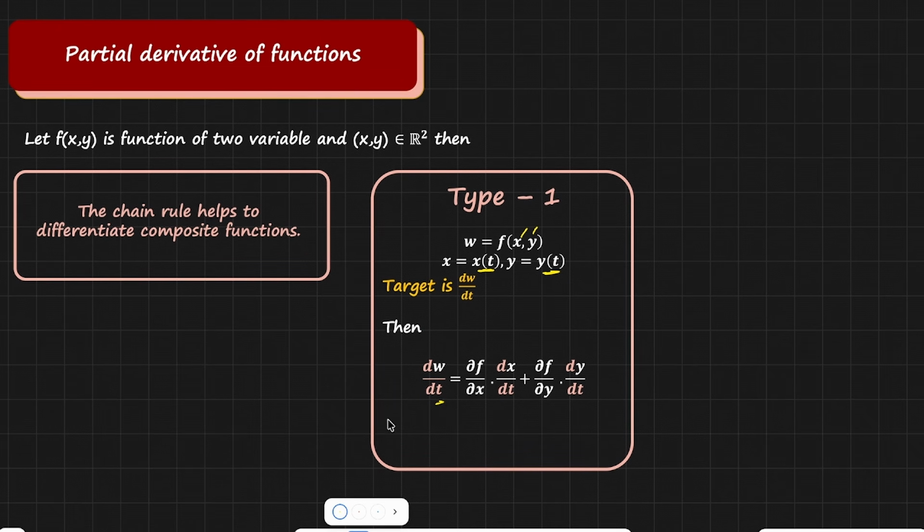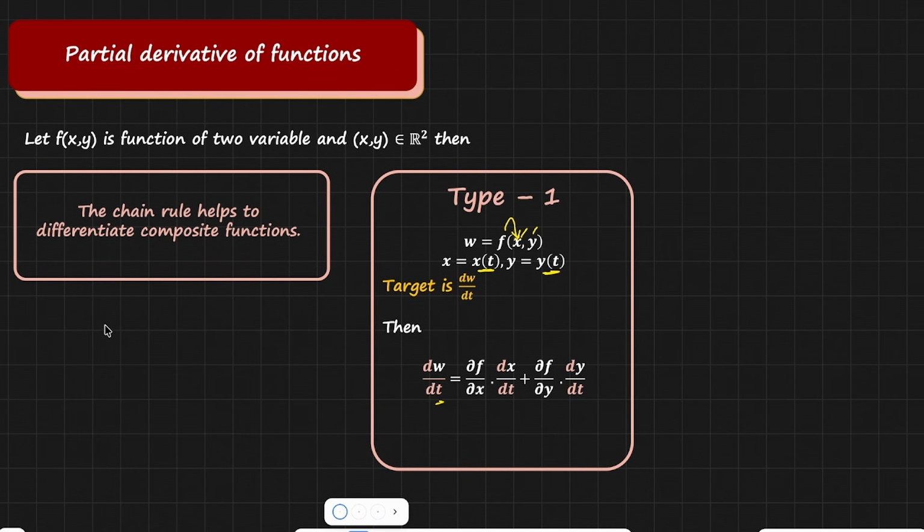Then the partial derivative of f with respect to x, because my function is a function of two variables, so I take the partial derivative of f with respect to x. Then again, x is depending on t, that's why I will write dx by dt, because x is depending only on t.